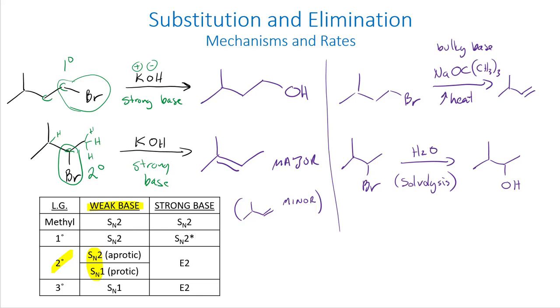Because it's also protic, it's going to go by the SN1 mechanism, although that's not important for getting the product. But it does tell us we have an alternative here that could get the substitution product instead. So we're using our understanding of rates to determine which mechanism will happen in given circumstances. And the mechanism that dominates is dominating because it's the faster of the two possible reactions.